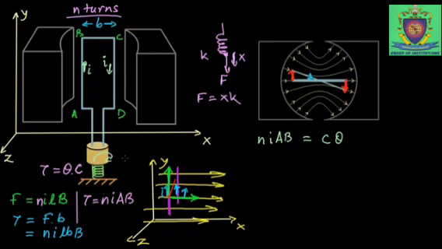I need to measure it in radians. So I am going to identify the theta. One side is rigid, but on another side you can measure the rotation. We know that this rotation and the rotation of the ABCD coil are different, in opposite directions.